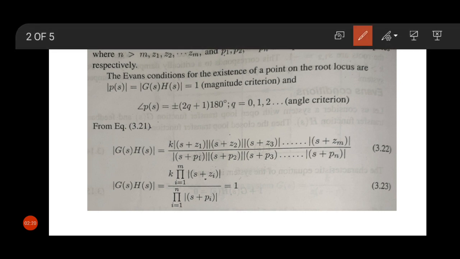We can also write this equation in this way, and this is equation 3.23.